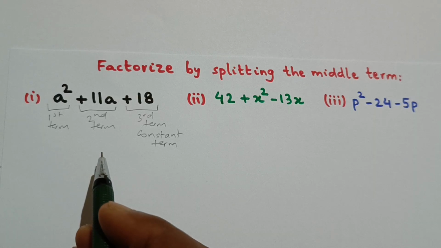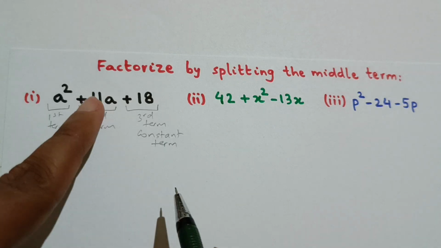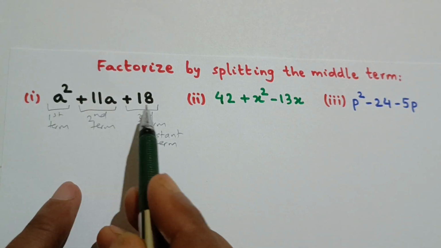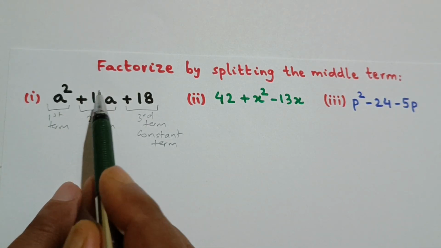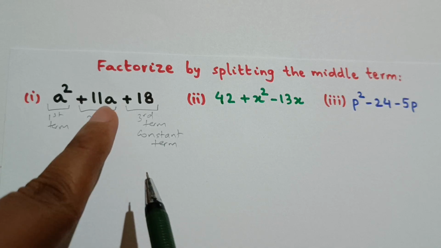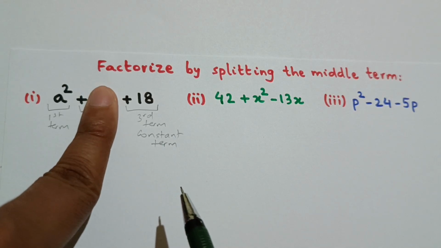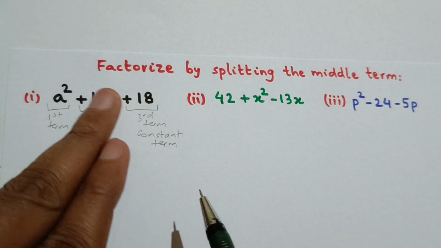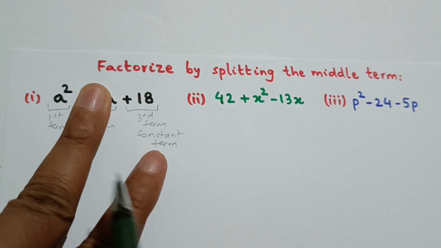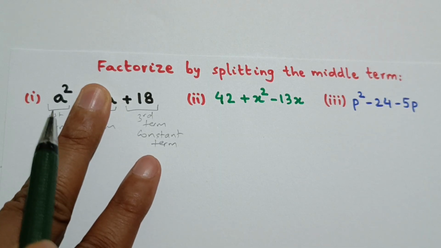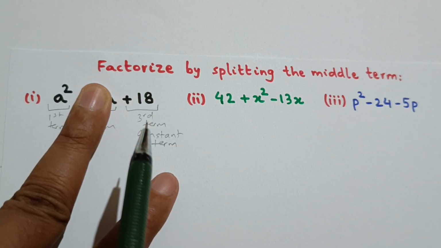While beginning to solve this question, the second term is the middle term. Out of the 3 terms, the second term is the middle term. So let us ignore the middle term for the time being. Just look at the first term and the third term.